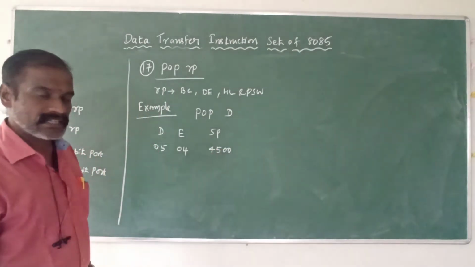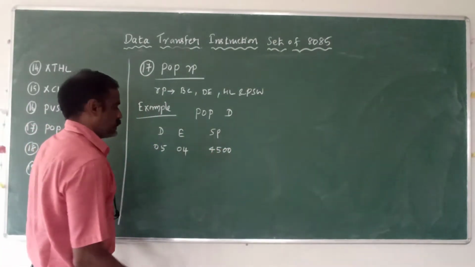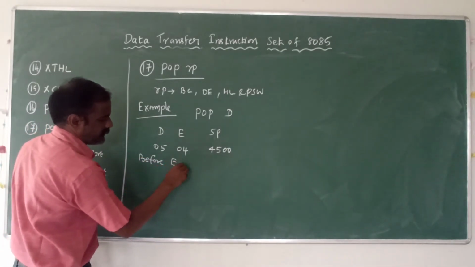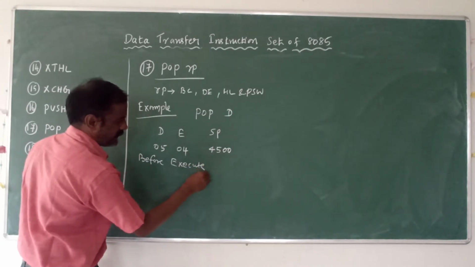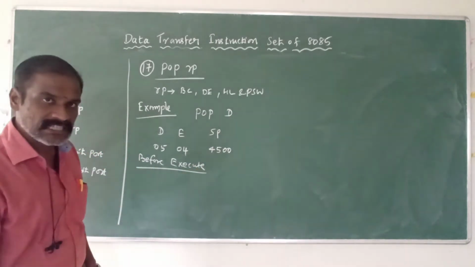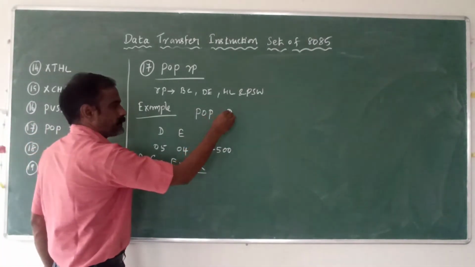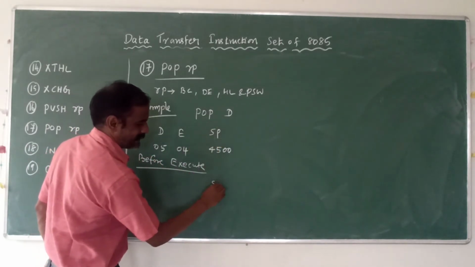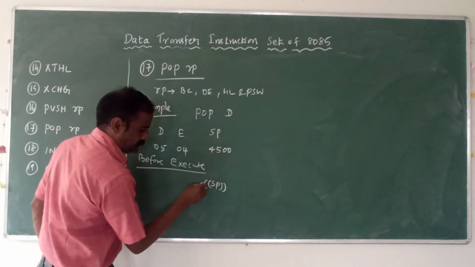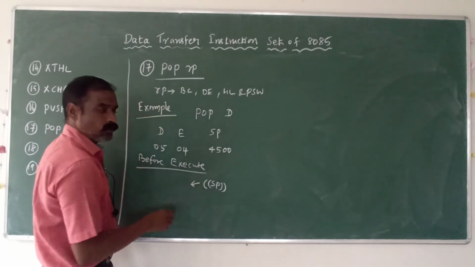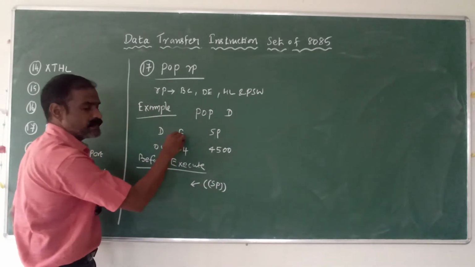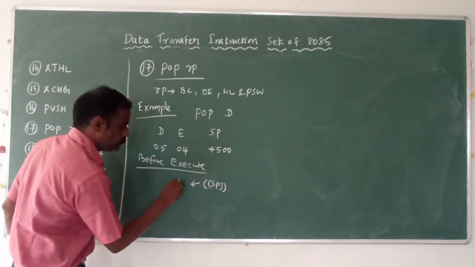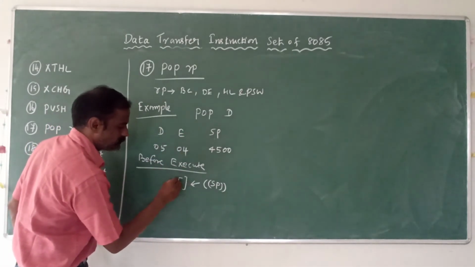Before executing this instruction, the stack pointer address location data is moved to the LSB. This is for MSB and this is for LSB, to move to the E register.